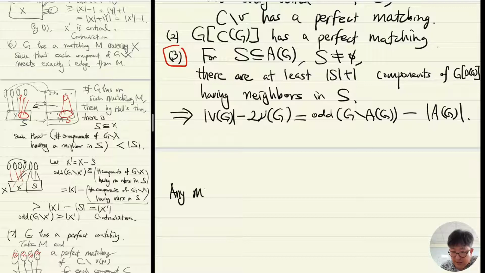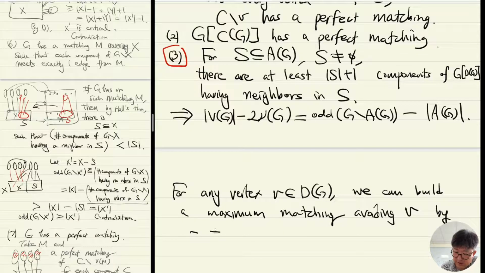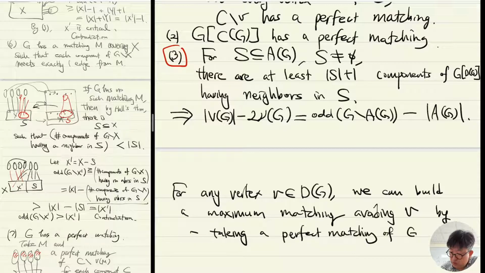Any maximum, okay, for any vertex v free in D of G, we can build a maximum matching avoiding v by first taking a perfect matching of G induced on C.